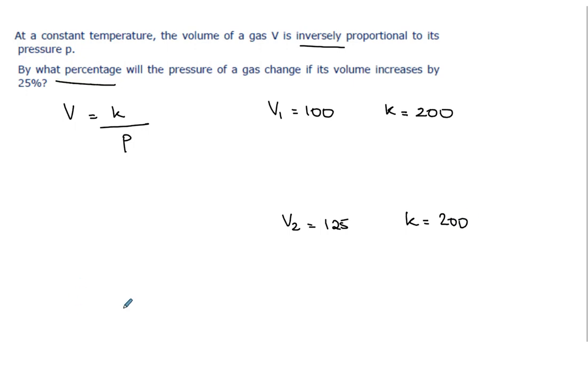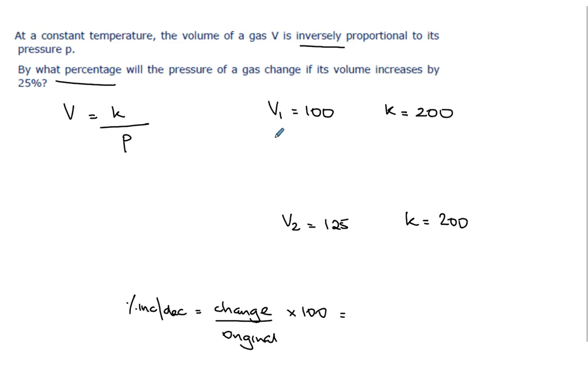So what I'm going to do is say the percentage increase or decrease equals the change divided by the original times 100. Now I don't have to look at the question again.